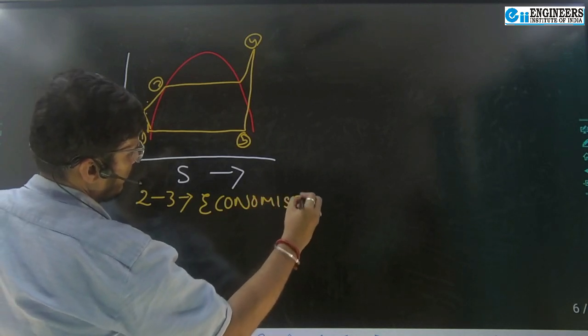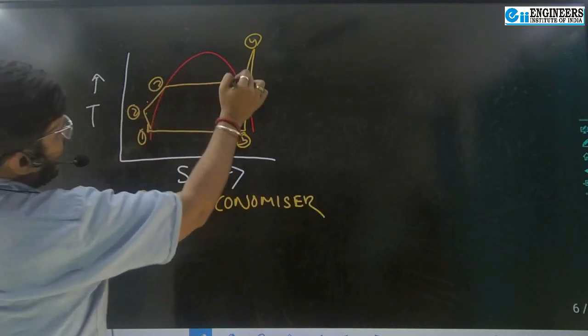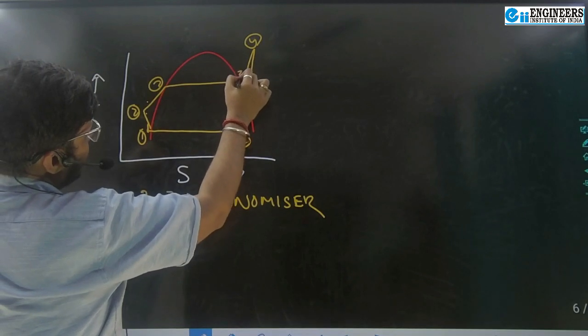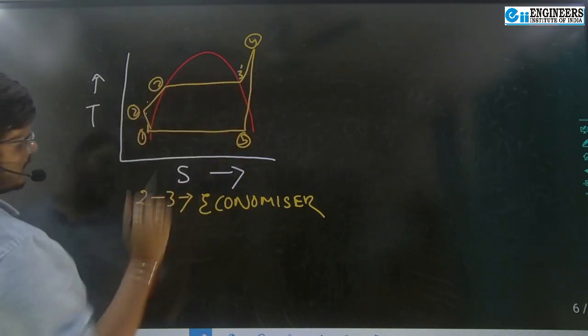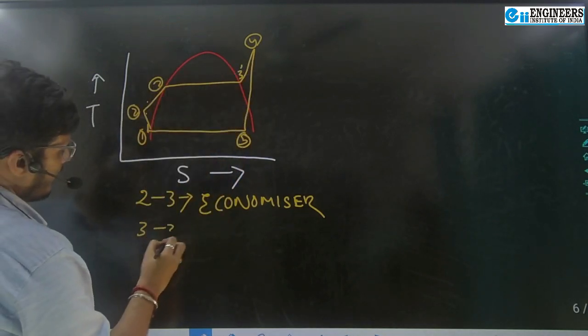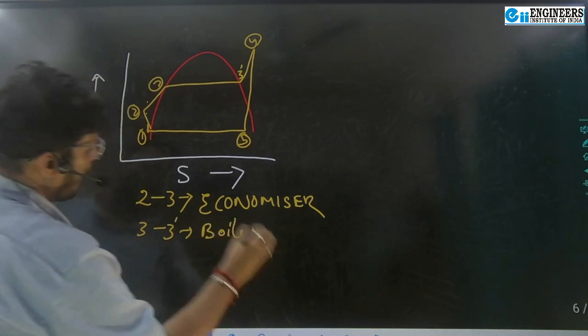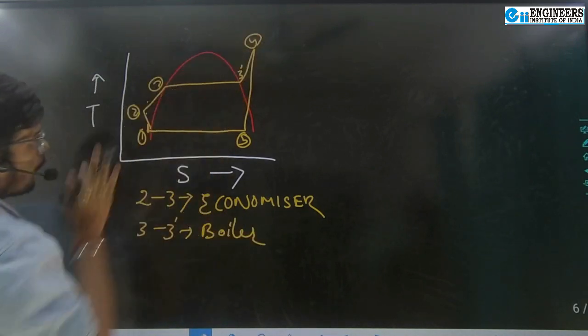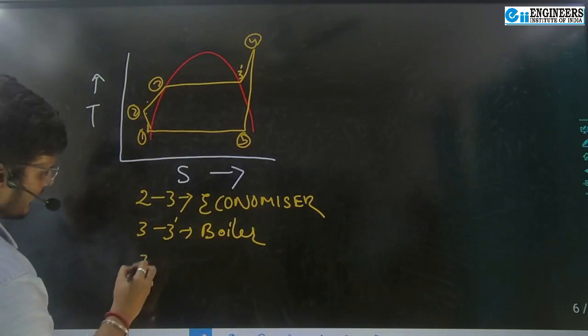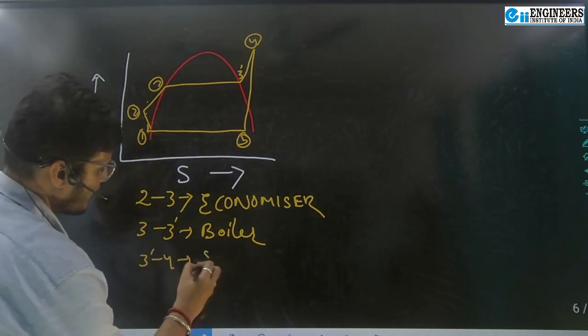economizer. Suppose here at 3 dash, phase change is taking place. So here it is a boiler. 3 dash to 4, again temperature is increasing, it is the superheater.